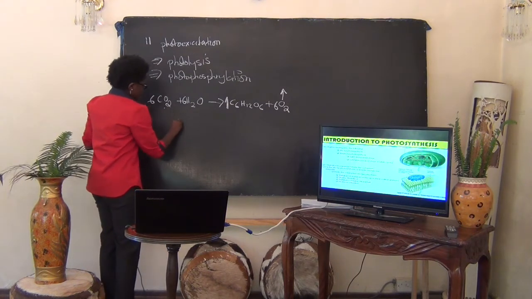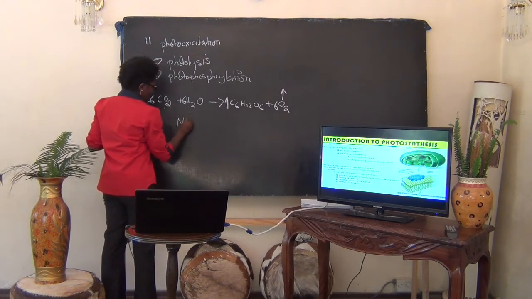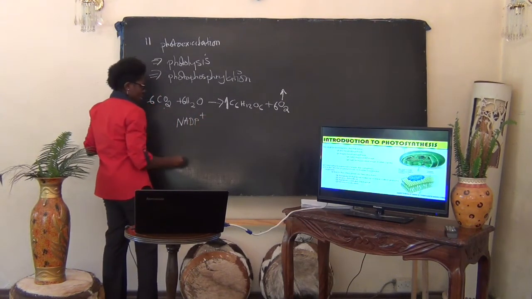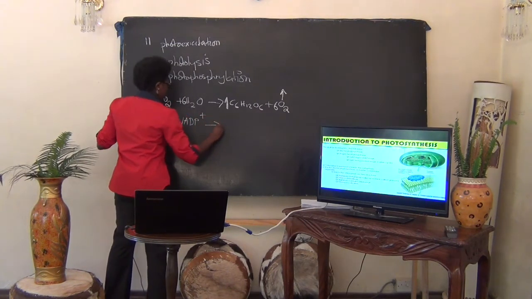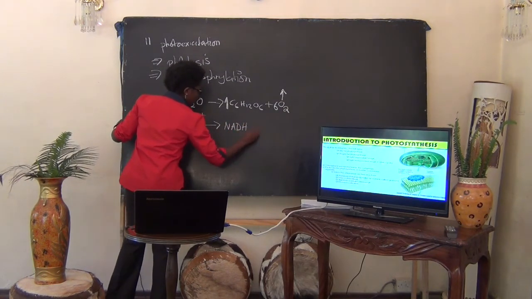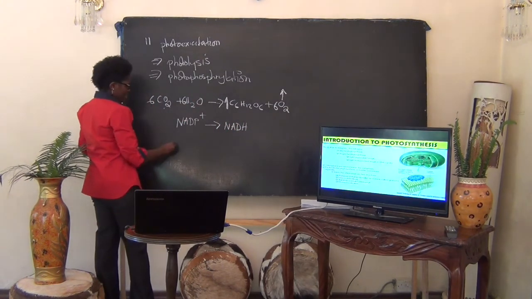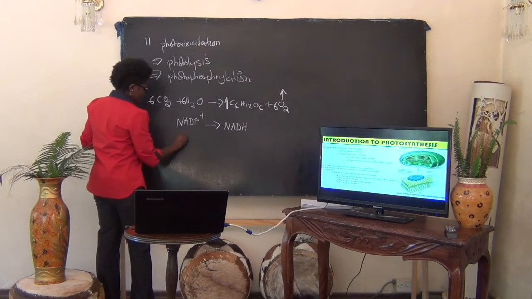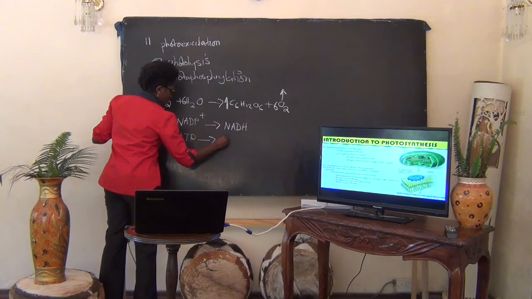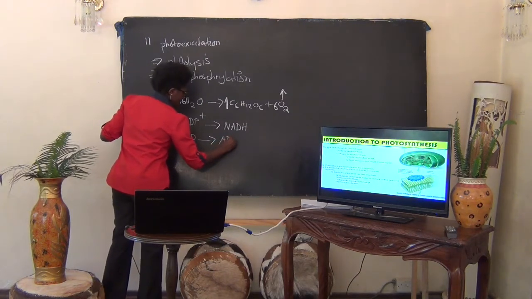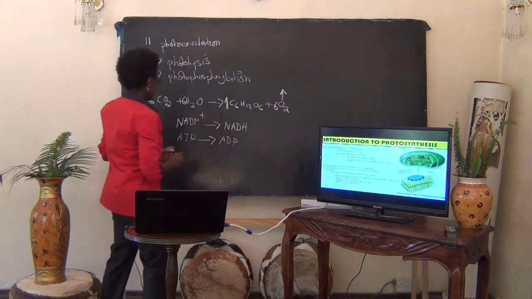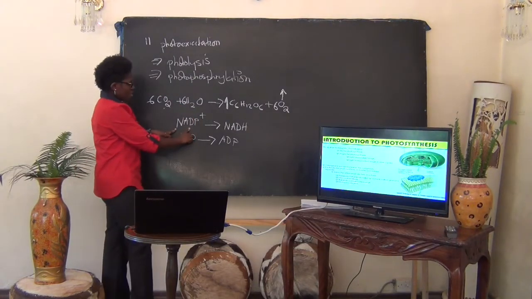Like you come across this molecule that is called NADP plus, and then its reduced state known as the NADPH molecule, and then of course our favorite guy called ATP, and you can also find it in this form, ADP.